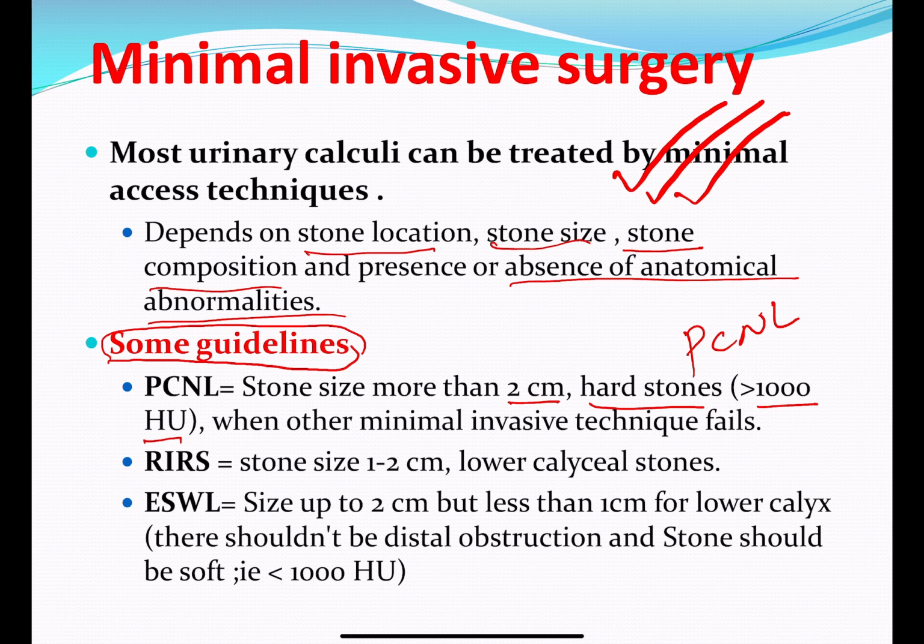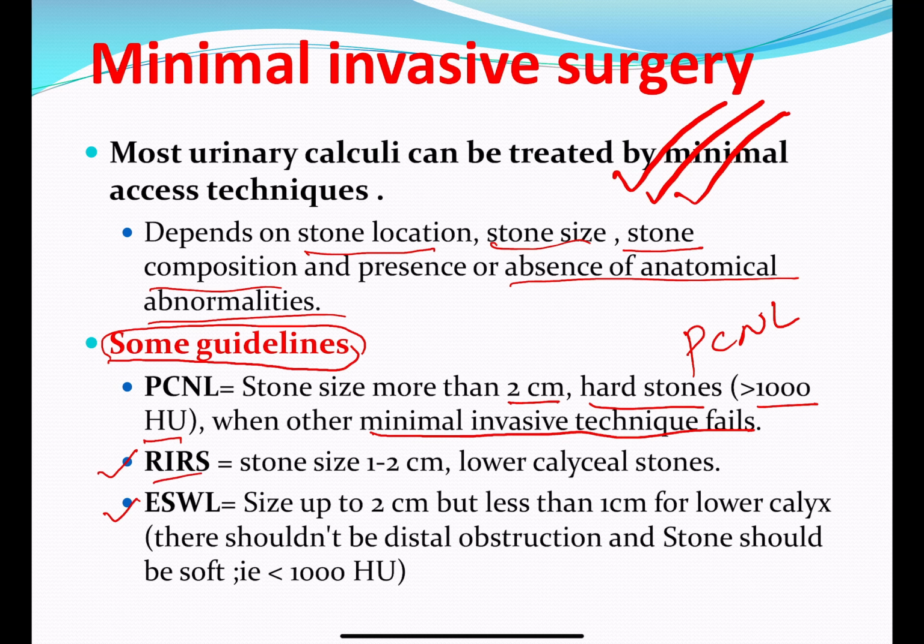Some books say 2.5, you follow 2 centimeter. And if the hardness is more than 1000 Hounsfield units, then we always do PCNL. And if other minimal invasive techniques fail, like failure of RIRS or failure of ESWL, we can do PCNL as a rescue procedure. So these are the guidelines for PCNL.